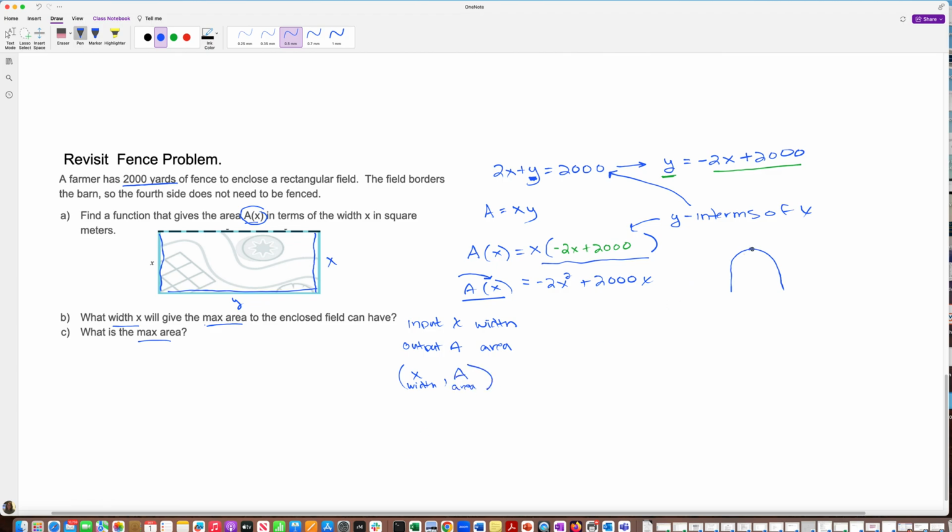So when I find that vertex, I will have width and area. The width that gives me the largest area.